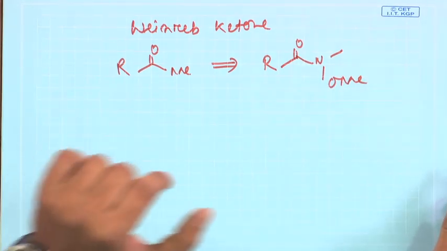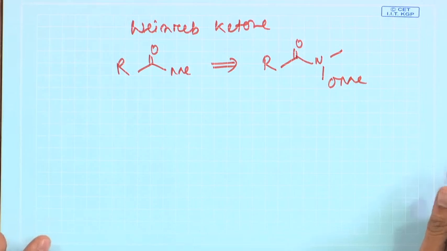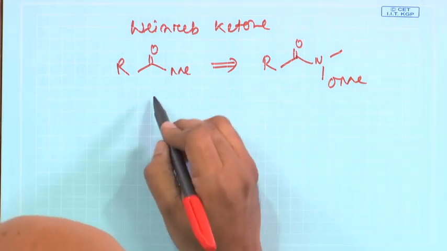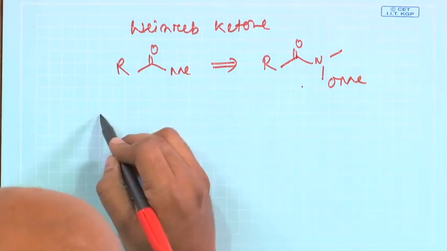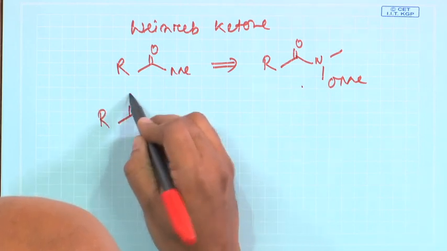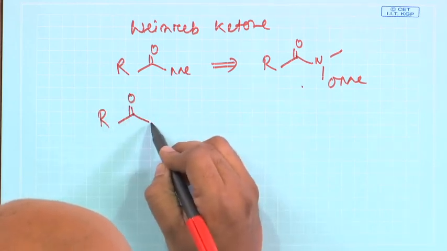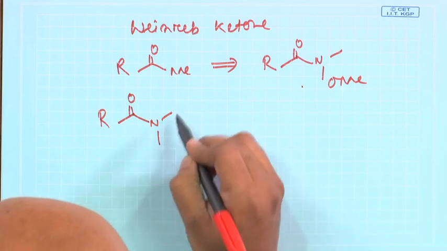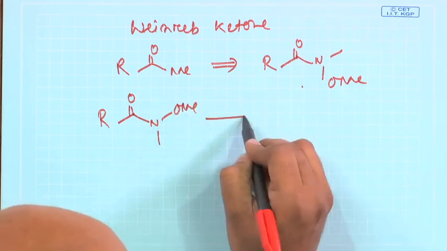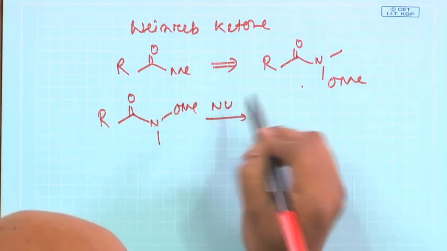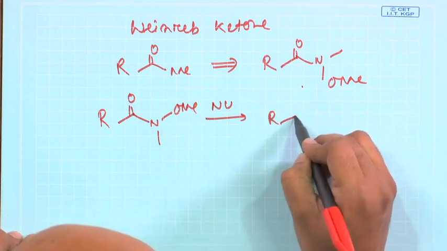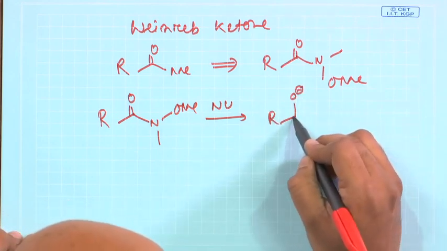So, you need a softer reagent which is less active. So, you take the corresponding amide, which is now named the Weinreb amide, and react with a nucleophile, a Grignard or something. What will you get?